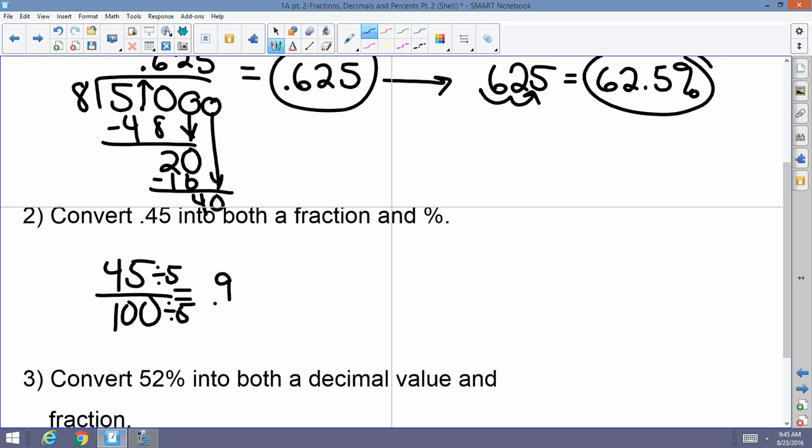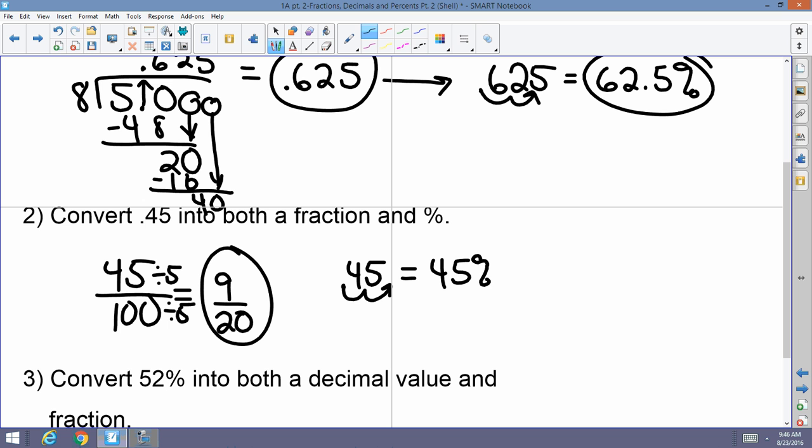I get 9/20. So that's 0.45 or 45 hundredths converted to a fraction. Now to convert it to a percent, it's very simple. 0.45 into a percent, I'm going to move the decimal 2 places to the right. So that equals 45%.